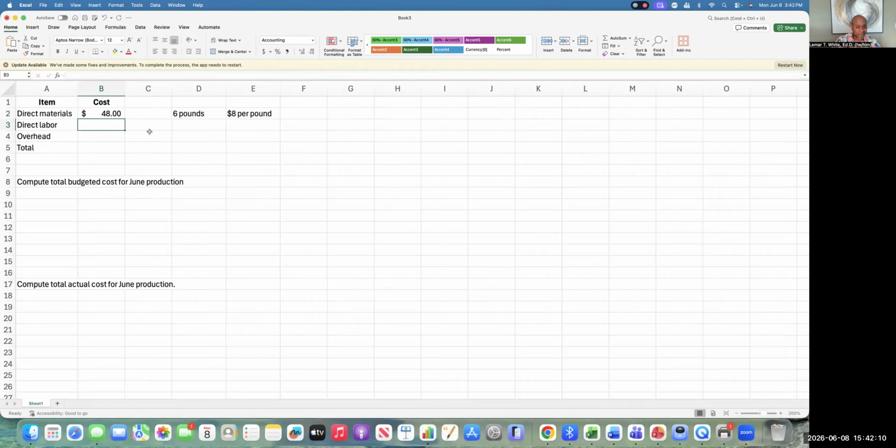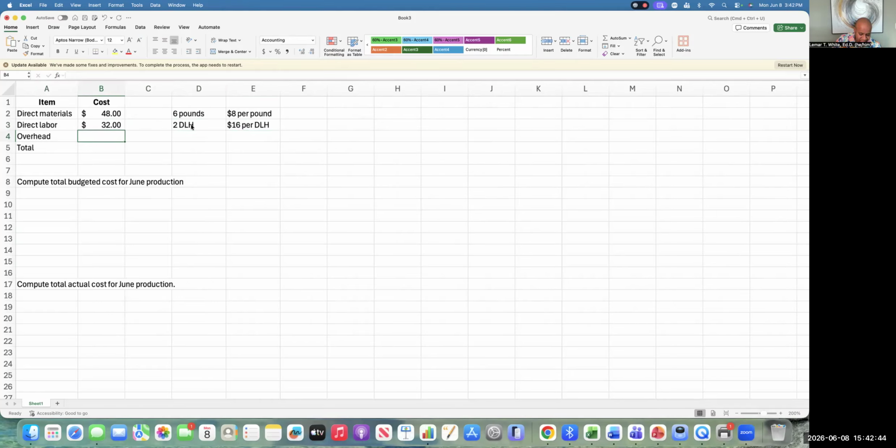That's the standard cost. For our direct labor, each unit requires 2 DLH, which stands for direct labor hours, and each direct labor hour costs $16. To get the per unit standard cost, we multiply 2 times 16, and we get $32.